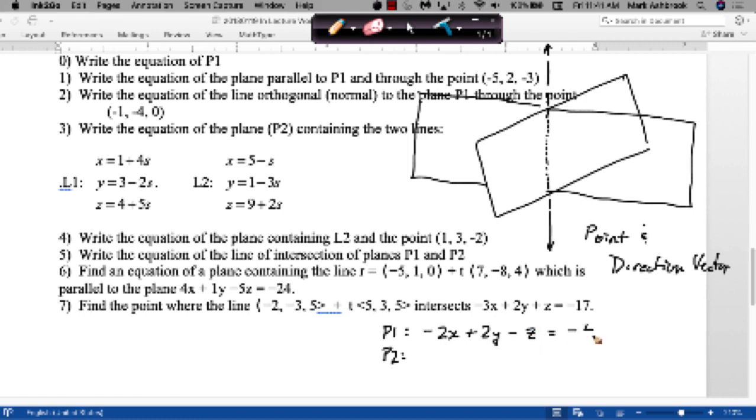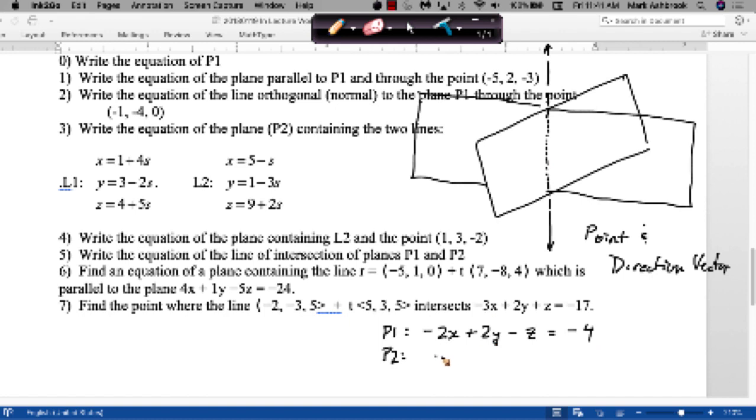Are we good? All right, and then anyone get P2? Anyone get that far? Let's just write down what you have, and if it's wrong, then we'll just find the line that's the intersection of those two. That's fine.